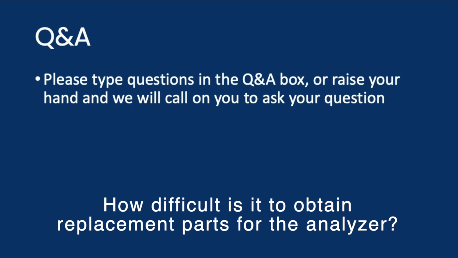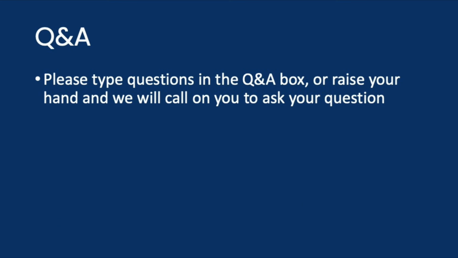Usually what happens is as components themselves become obsolete, it gets tougher. But generally we get notified about upcoming component obsolescence, and we'll often put in a last buy to secure a number of those components so that they're on hand and the VNAs remain serviceable for quite some time.